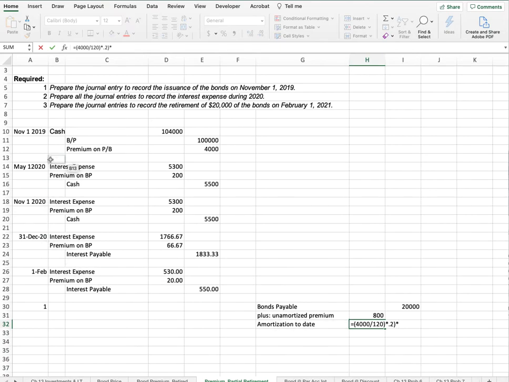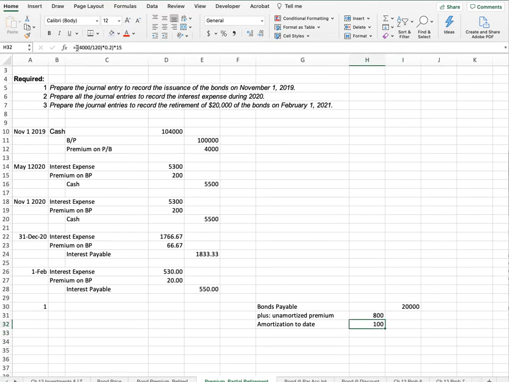And so from November 1st, 2019 to November 1st, 2020 is obviously 12 months. And then we're looking at the month of November, December, and January. So 3 more months. So a total of 15 months. It looks like I'm missing one bracket here.